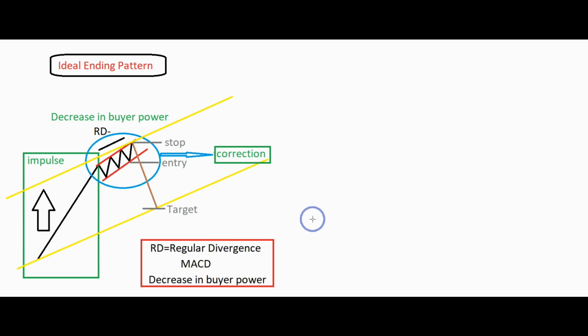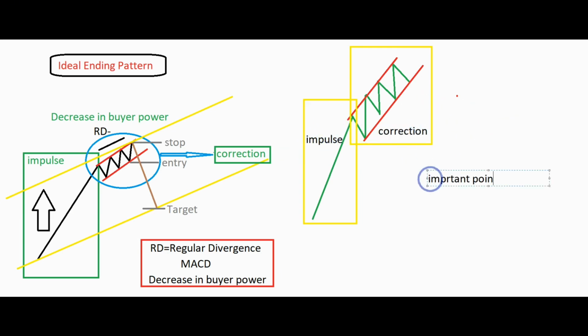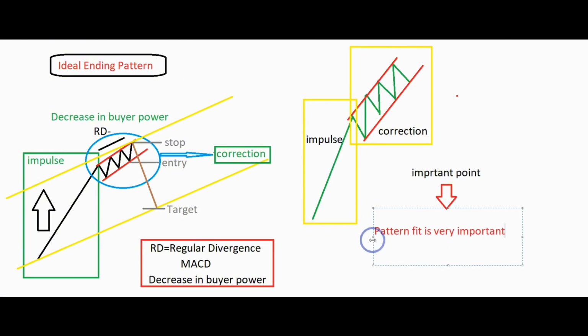In continuation of what we explained earlier, I will now show another example using Paint. Here, I have drawn another impulse and correction move, and I want to point out a very important detail. The key to an ideal pattern is the proportion of the pattern. This means the pattern must be proportionate.